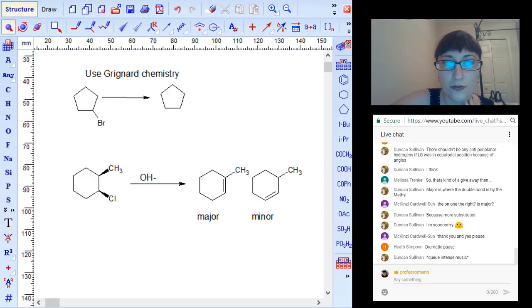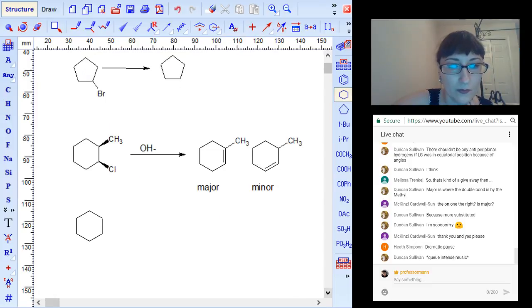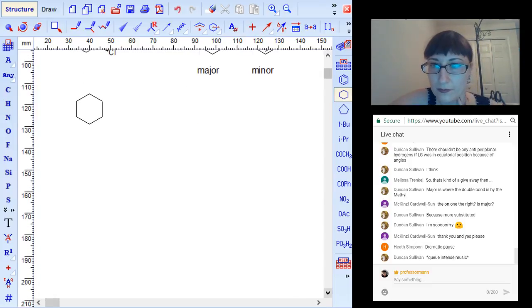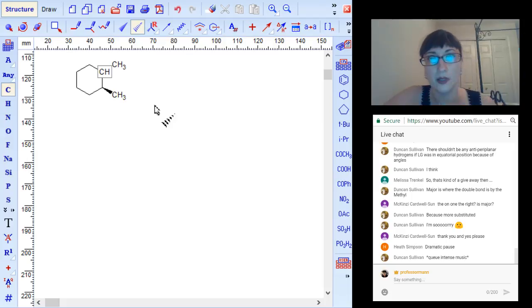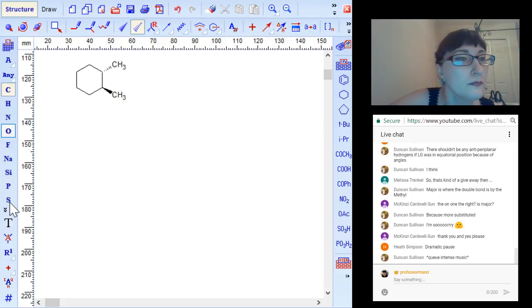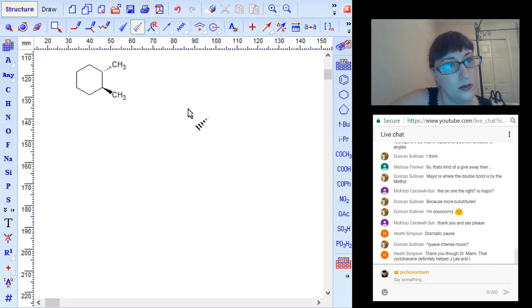If I have cyclohexane, and it needs some sort of leaving group on it, right? In this case, I'm going to do them where they are trans to each other. So let's make one of those a bromine.